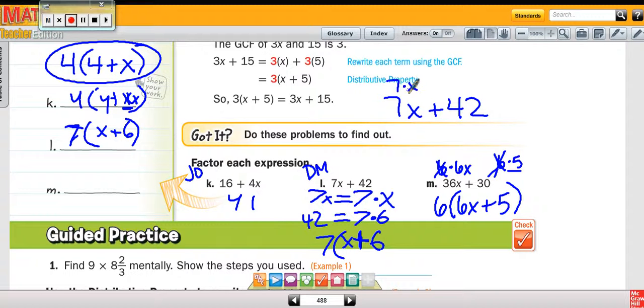Do you agree? And this is 7 times 6. What's their common factor? The 7, right? If I remove the 7 to put it out because we want to share it with both of them, what's left behind? x plus 6. You still find the greatest common factor. Yep, it's the same thing as with the numerical ones, it's just we have a variable.